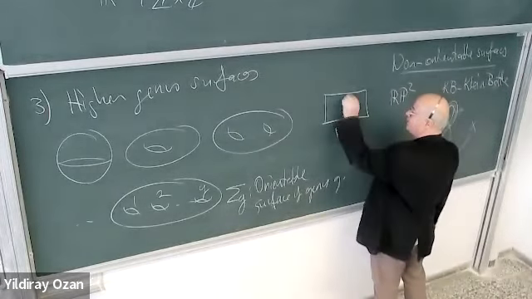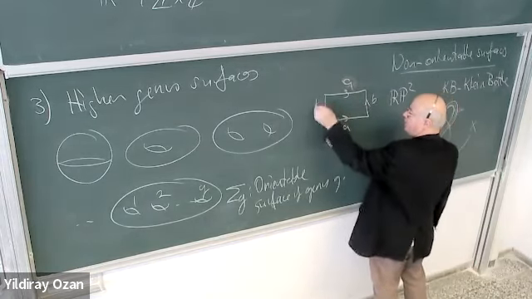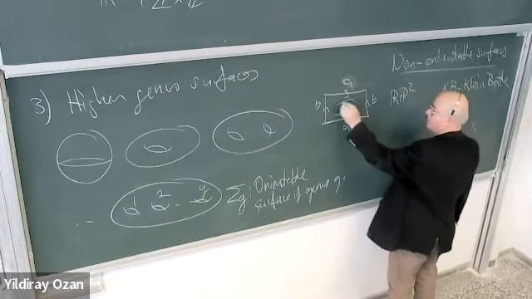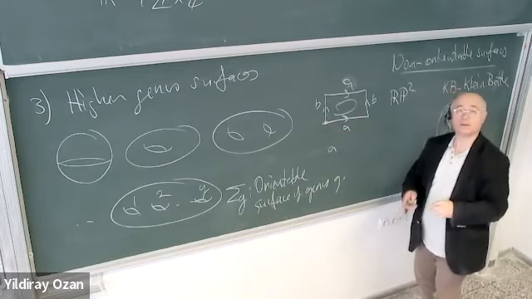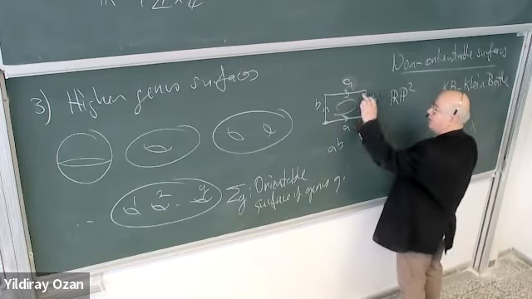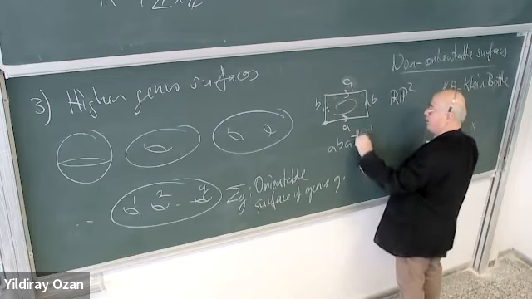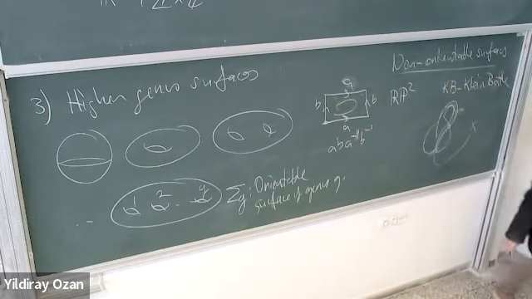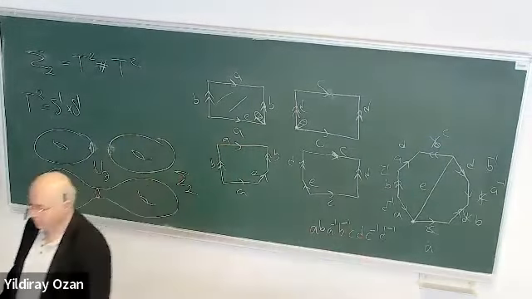So we had A, sorry, and let's say B and B. So if you go like this, you read this as A, and then B, and then this is A inverse, and this is B inverse. Okay. And for genus 2, we have this word: A, B, A inverse, B inverse, C, D, C inverse, D inverse. Okay.